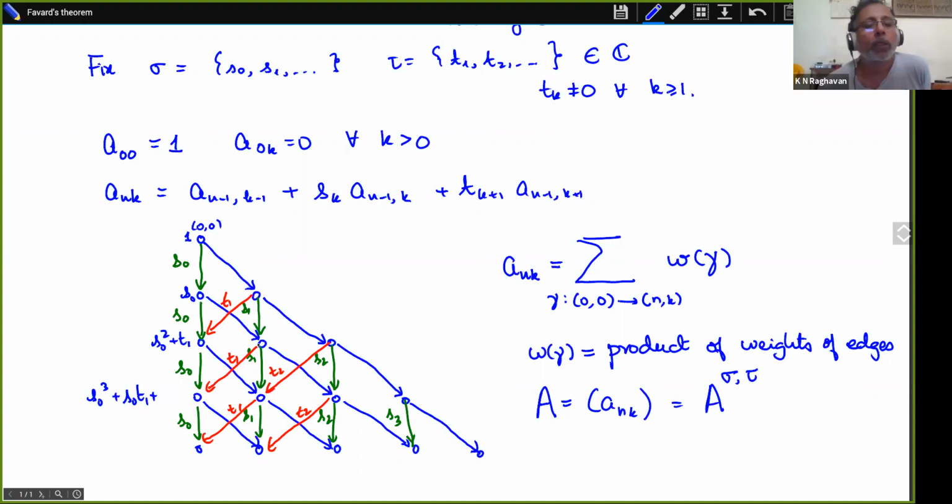Oh, yeah, this one, S1 T1. Okay, so they don't all have the same weight.